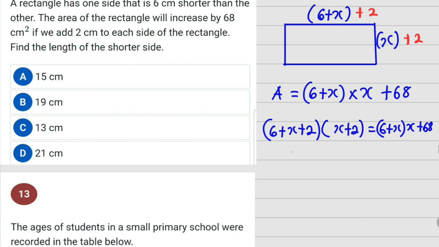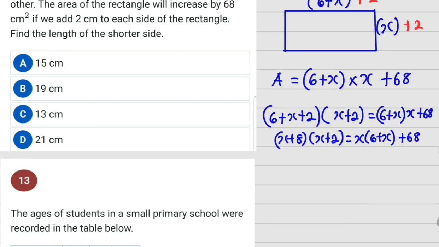Now this is going to be x plus 8 into x plus 2 is equal to x into 6 plus x, then plus 68. Now this is x squared plus 10x plus 16 is equal to 6x plus x squared plus 68.